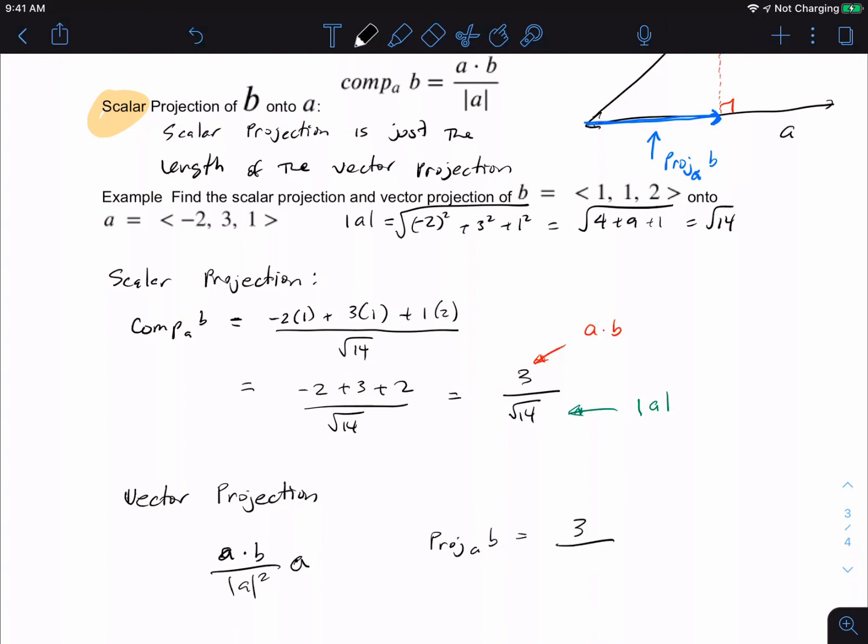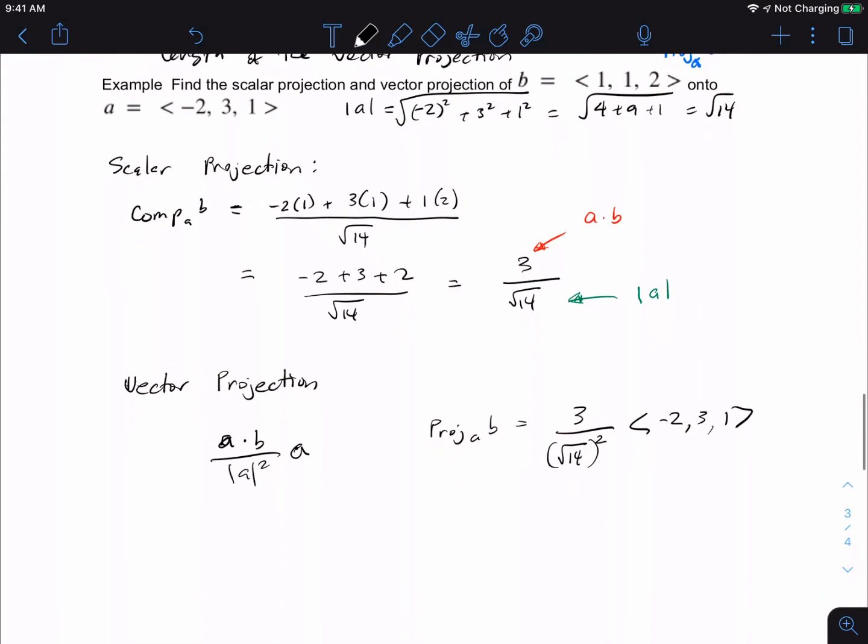The magnitude of A was root of 14, but they want us to square it. And then we want to multiply it with the vector A. Well, the vector A was negative 2, 3, and 1. And so what we end up getting is 3 over 14, negative 2, 3, and 1.